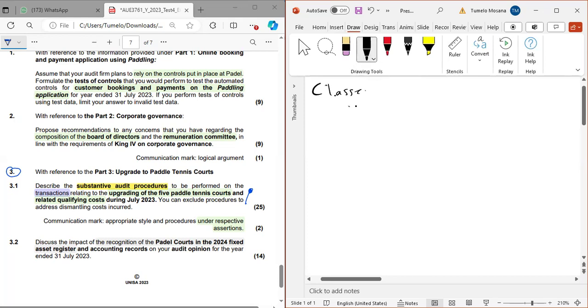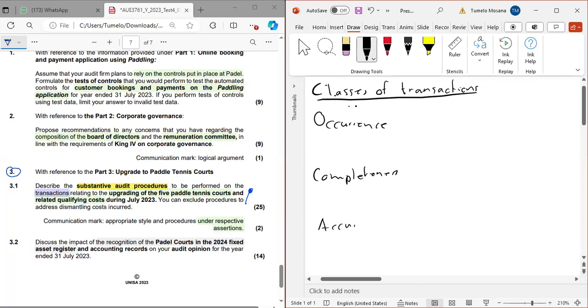Within these classes of transactions, there is occurrence, and you would find completeness, you would find accuracy, you would find cut off, you would find classification, you would find presentation.